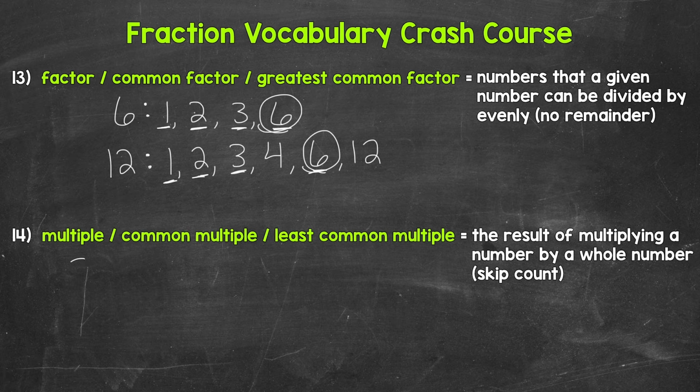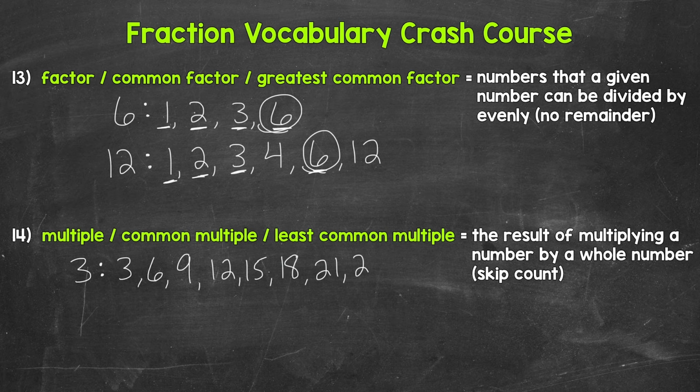So for example, some multiples of 3 are 3, 6, 9, 12, 15, 18, 21, 24, and these continue on forever. Multiples are infinite, so we will stop there. So we have 3 times 1 is 3, 3 times 2 is 6, 3 times 3 is 9, so on and so forth.